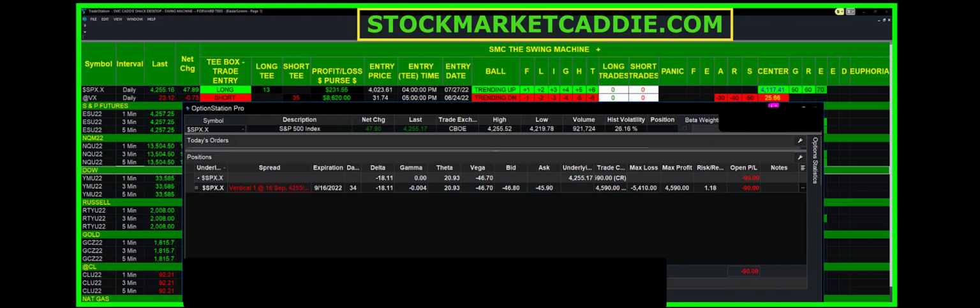If you're not familiar with those terms, you do want to take the time to learn them, because trading options is not difficult, but it is like playing chess versus checkers. In checkers, you can move your pieces one box at a time and only forward. In chess, the pieces can move forward, they can move backwards, they can move one square, they can move two squares, they can move in L formations.